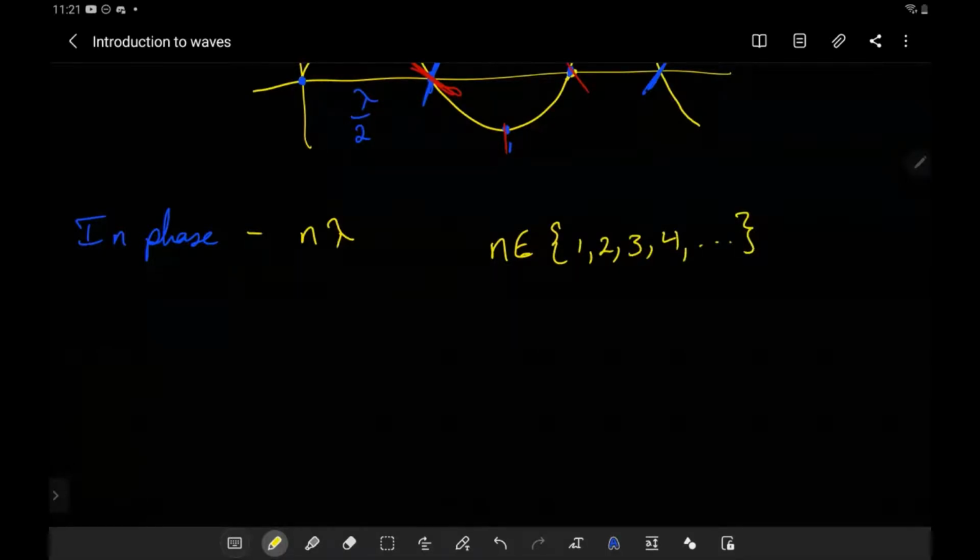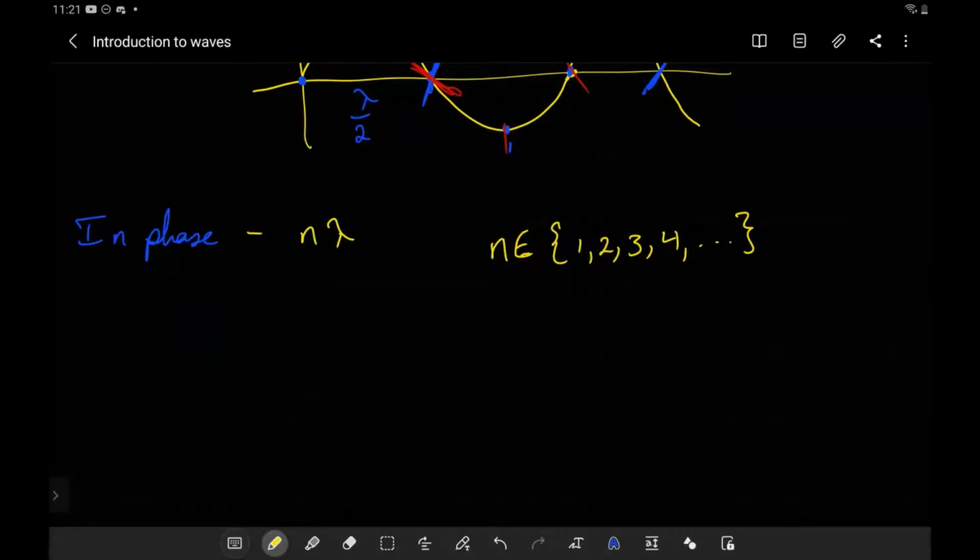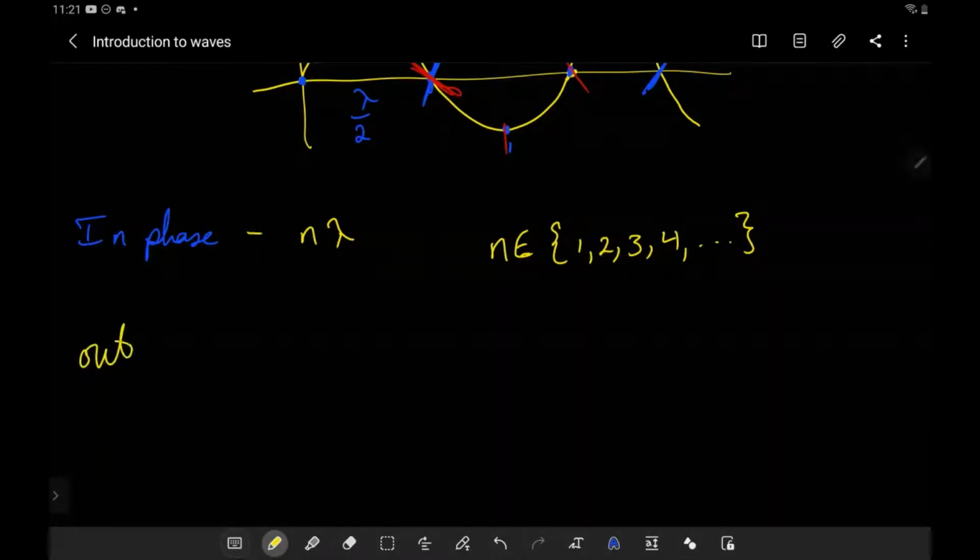So if you have one wavelength, two wavelengths, three wavelengths, any integer multiple of a wavelength, then your points are in phase. Out of phase, well, of course, a point could be in phase with itself, right? So I forgot to put in 0, so I could just union 0 there.